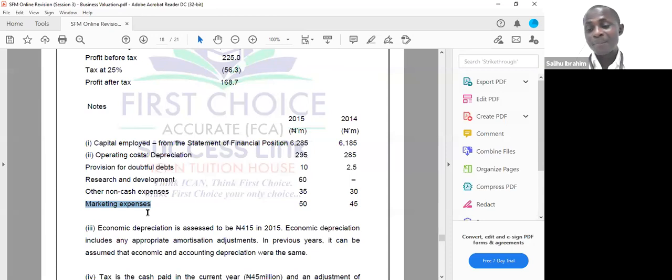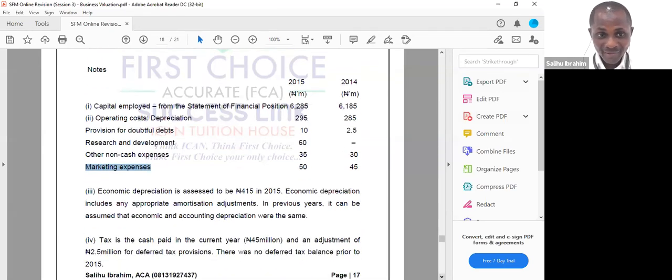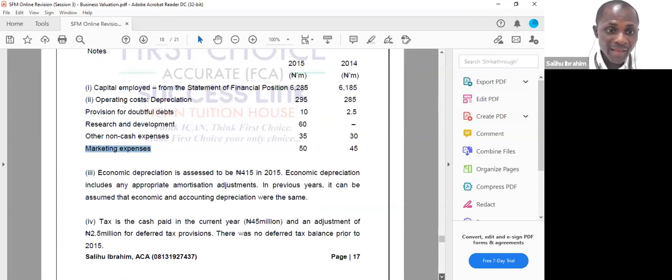And if EVA is to come out, I can bet you it's going to be a 20-mark question. So take note. It's been long since EVA was set as a question, so it might be your turn to go and face EVA. So we've done that.